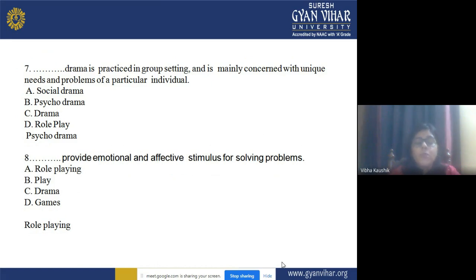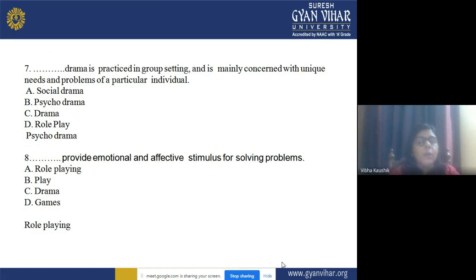Now students, you have to select the correct answer on the basis of the given choices, and the correct answer is option B, that is psychodrama. Means in psychodrama we are mainly concerned with unique needs and problems of a particular individual.